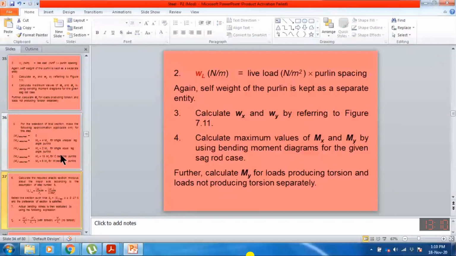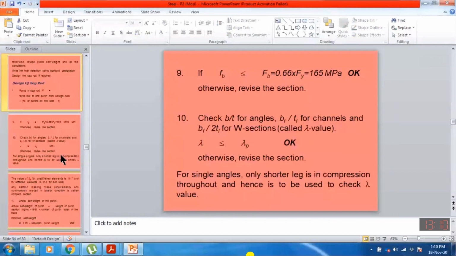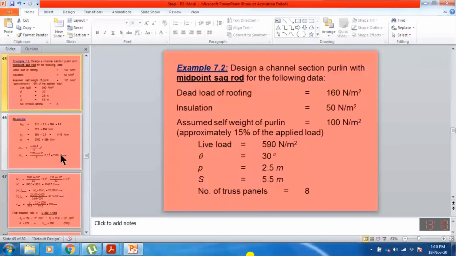For example, I will quickly cover this example just to give you an overview of what we did last time. This is the same problem, example number 7.2, but with a different condition.